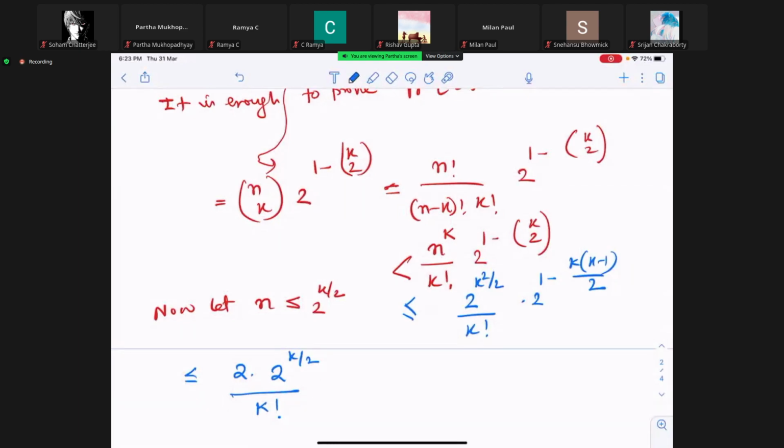Do you see why it is definitely less than 1? It's very clear. Yes, sir. What is the growth of factorial k? There are multiple ways to see it.